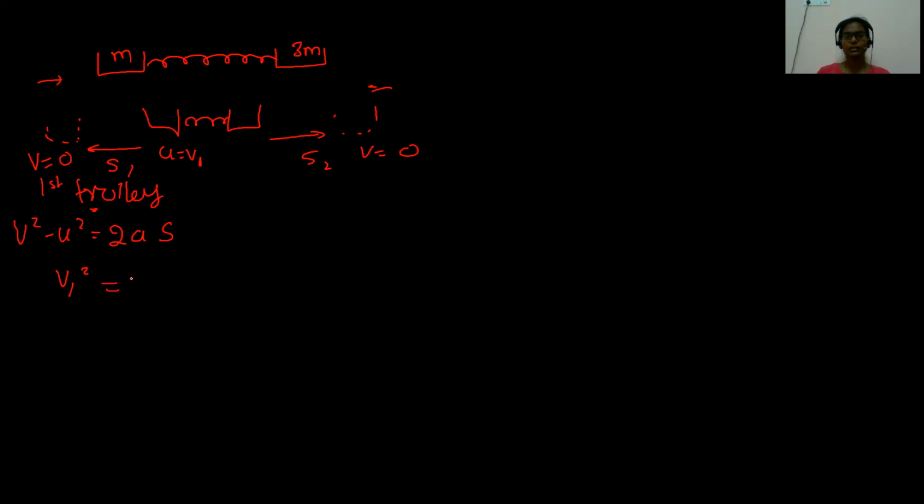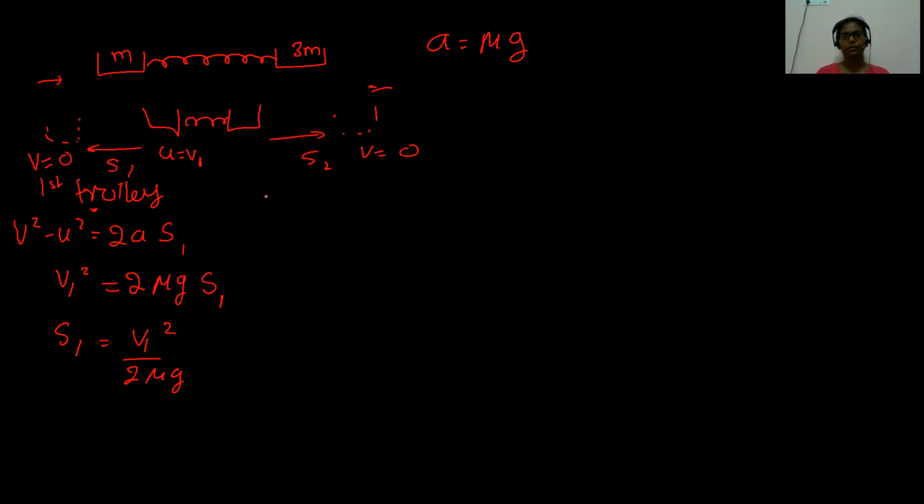So V1 square is equal to 2 into acceleration. I told already, acceleration is nothing but mu into g. Substitute here, mu g into s. Let us take this s1, the body moves. So s1 is equal to V1 square by 2 mu g. Let us put this as equation 1.